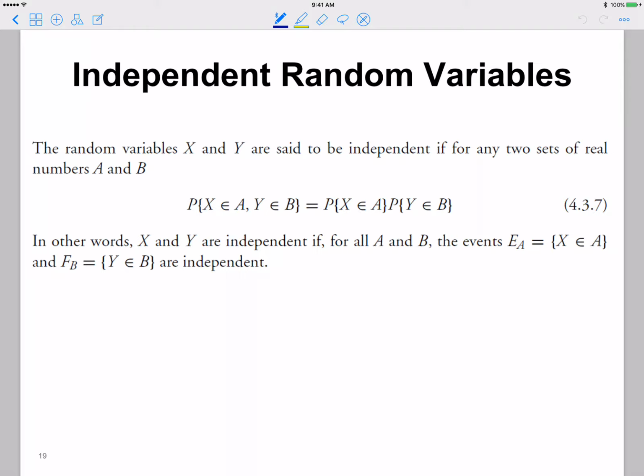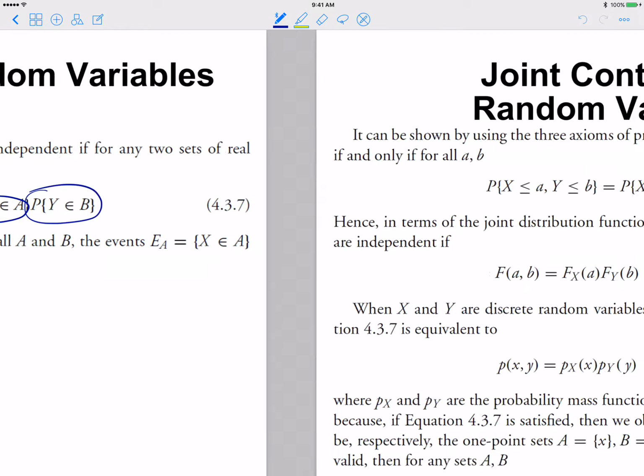study. Okay, and then now consider independent random variables. Then the two random variables are independent if their probability is decomposed into this nice multiplication, or product, of these two, right?